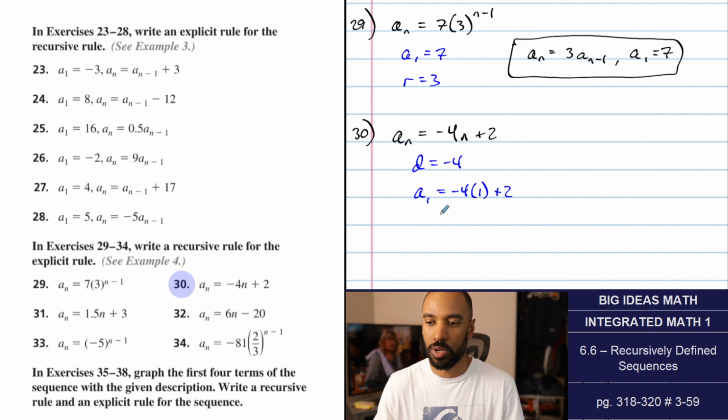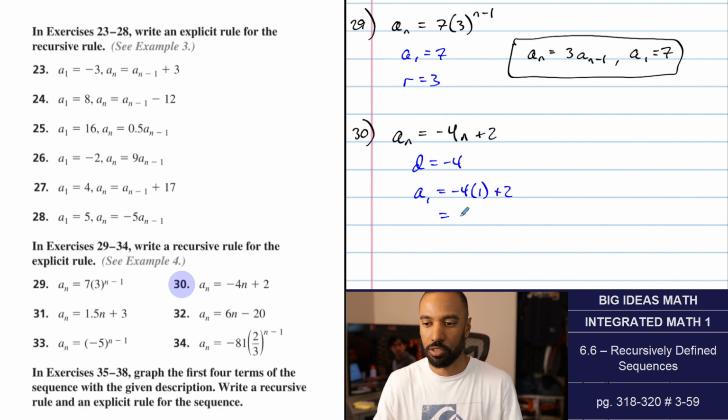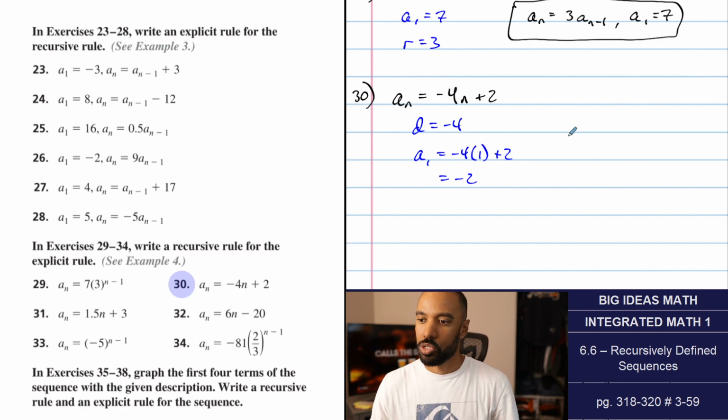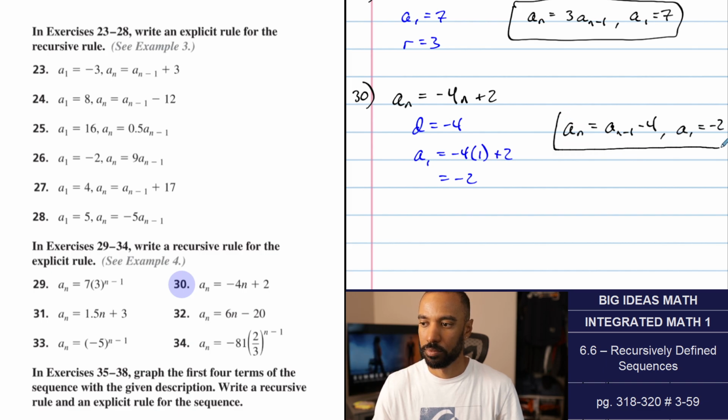Negative 4 plus 2. Really, it's 2 minus 4. 2 being the 0th term, you subtract 4 from it once, you get negative 2, and that's the appearance it'll take on. So the value of the nth term, you take the value of the term before it, and you're subtracting 4 from it. And your first term is negative 2. Not 2, but negative 2.